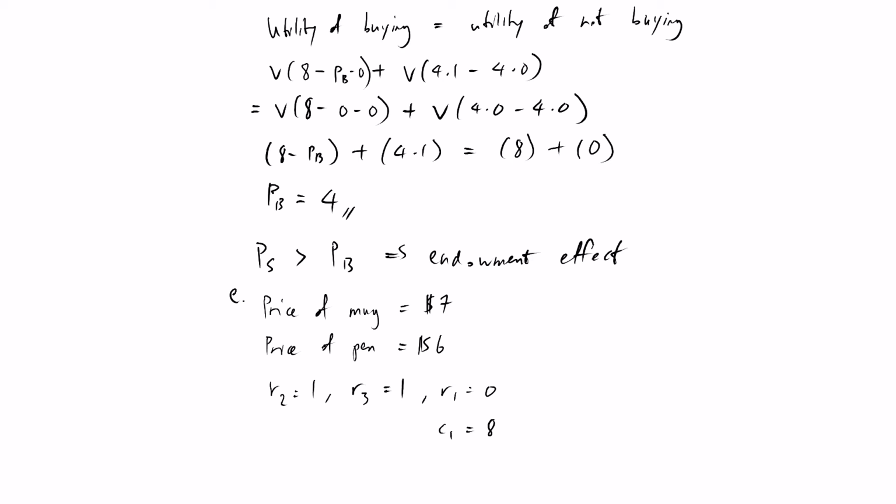I think A, B, C, D, E, F, G, H, I, J, K, L, M, N. 13 parts. So it's actually harder to do than if there were multiple questions, because it's all part of one big question, which means you can't proceed unless you solve the previous part.